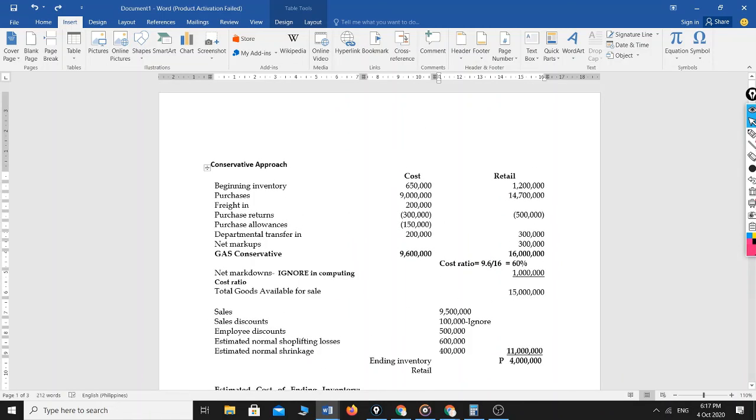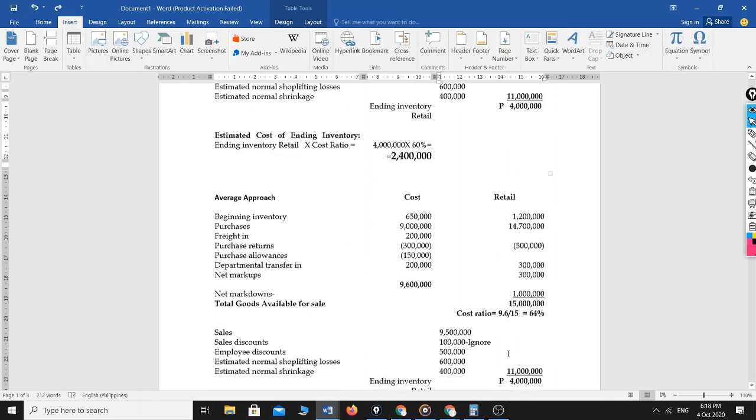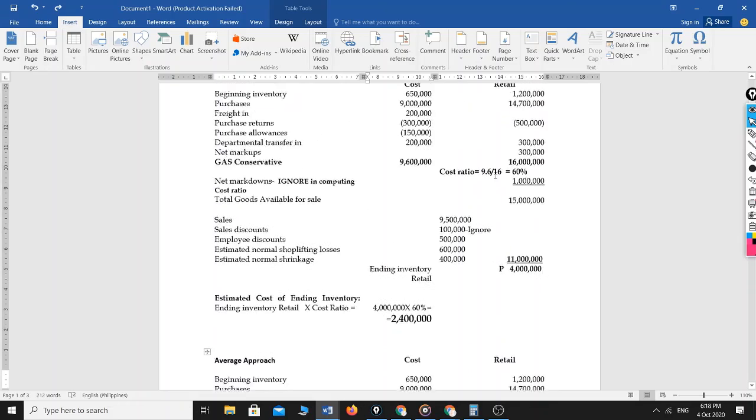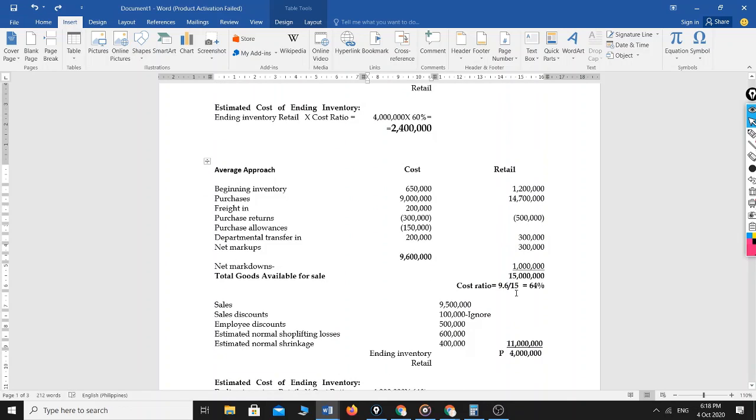So that is cost versus retail. Once you have the retail amount and multiply it by the cost ratio, you get the equivalent cost. The same approach applies to the average; in the average, we just consider the net markdown. Once we get the total goods available for sale, unlike the conservative approach with 16 million as the retail denominator, the average approach has 15 million, because we consider the net markdown.